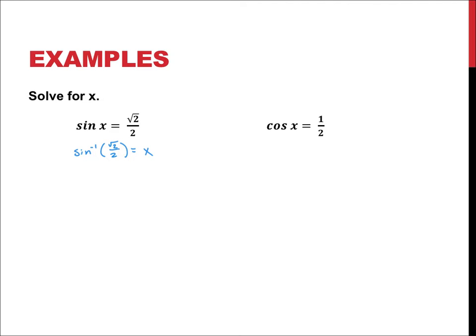Now some reminders. When you plug into the calculator, first, okay, so calculator reminders. The first reminder is make sure that your calculator is in degrees. All right, must be in degree mode.